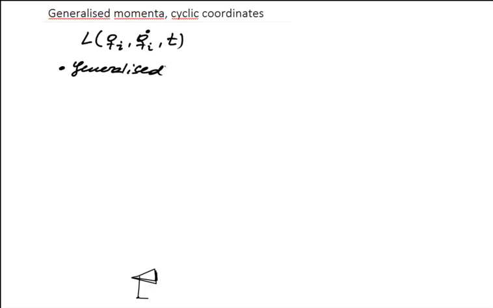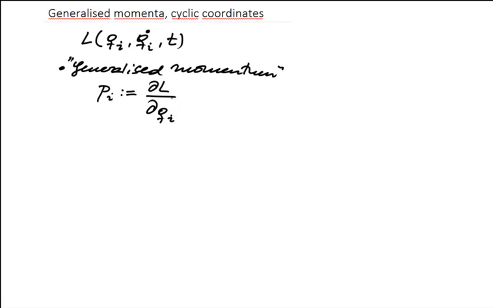And we define a quantity which we call generalized momentum, which is the following. We denote it by p_i, and it's defined as the partial derivative of the Lagrangian with respect to the velocity q_i dot.